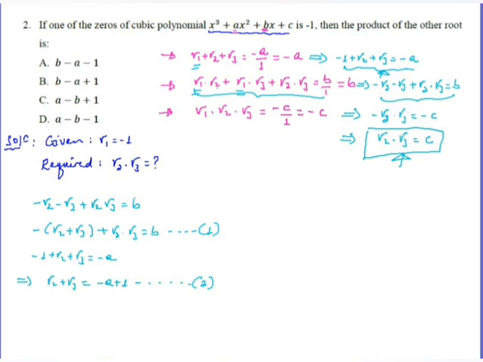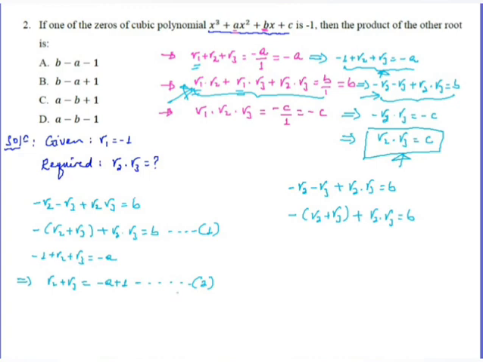Again, let's consider this information. From here we get that minus r2 minus r3 plus r2 times r3 is equals to b የሚል እናገኛለን። Okay, from the second we get this thing. So ይሄ ማለት ምንድነው? The negative of r2 plus r3 plus r2 times r3 is b.